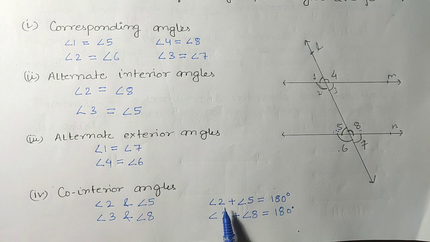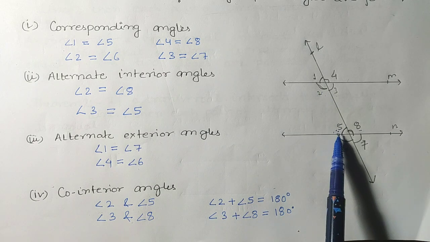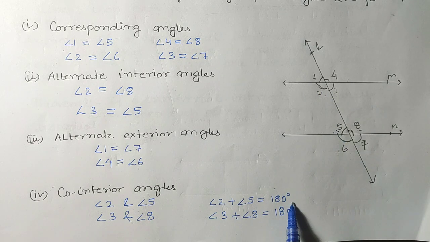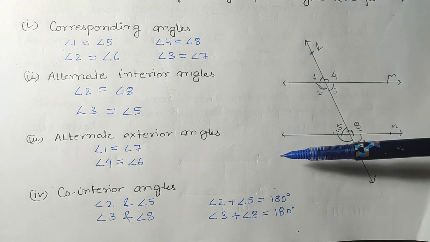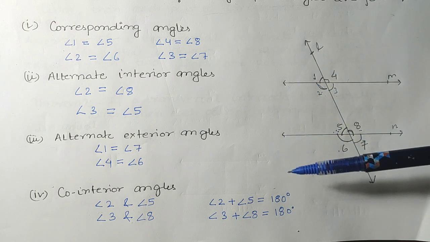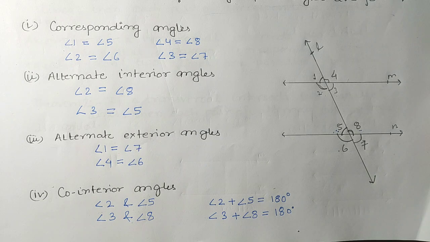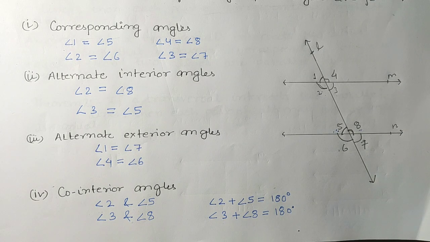So angle 2 plus angle 5, which are co-interior, sum to 180 degrees, and angle 3 and angle 8 are also 180 degrees, so these are supplementary angles. It is very important to remember all four types: corresponding, alternate interior, alternate exterior, and co-interior angles.